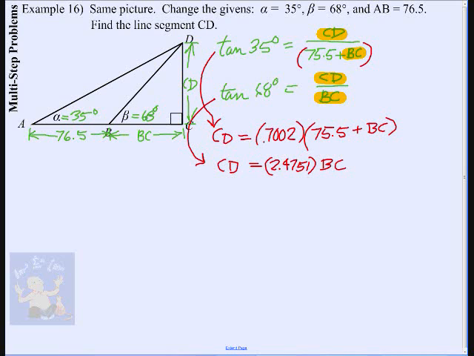Let me just mark our variables here. I've got CD and I've got BC. This whole expression equals CD, and so does this. So I can make them equal to each other.